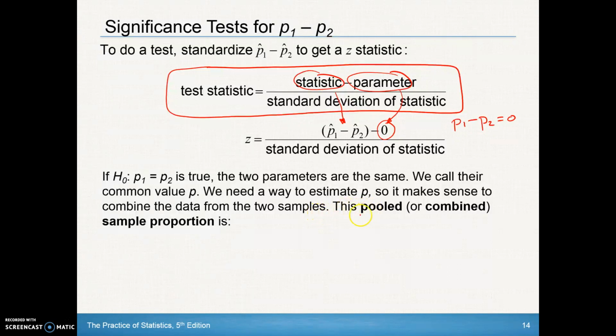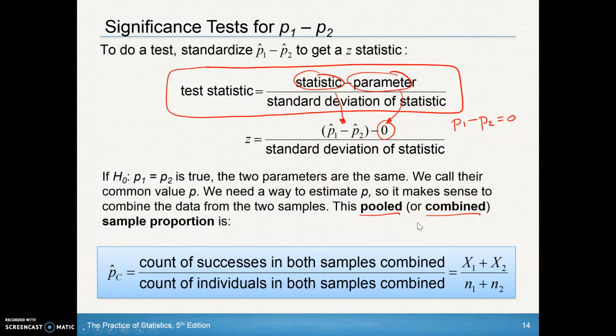This pooled or combined sample proportion is the count of successes in both samples combined divided by the count of the individuals in both samples combined. This is if we're going to pool our data.